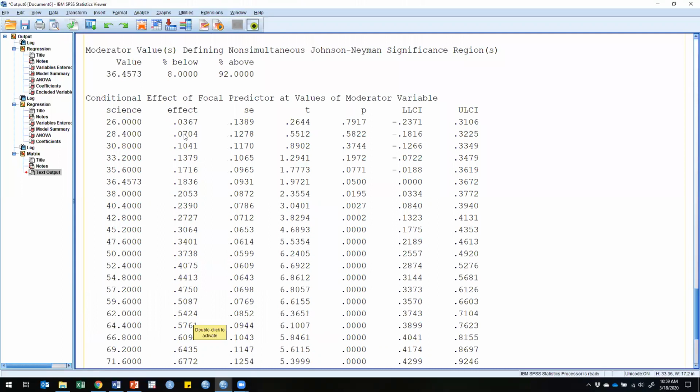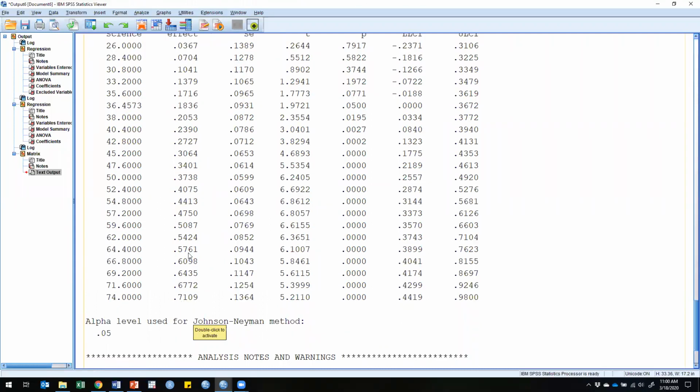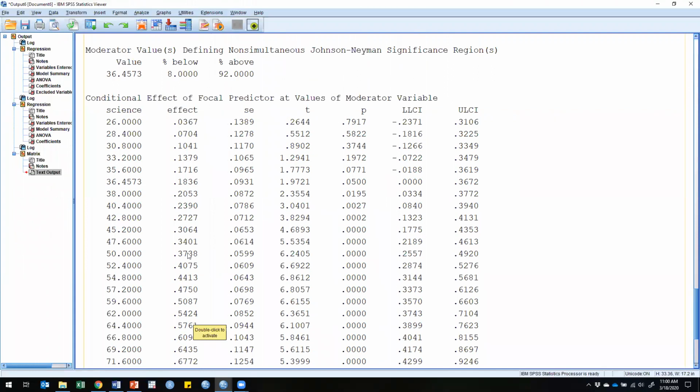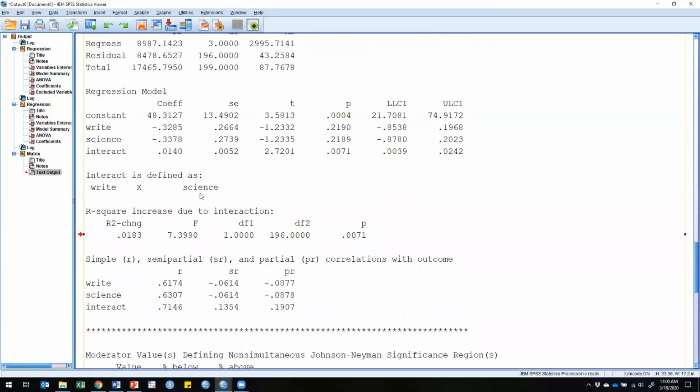What we're finding is that the conditional effect of writing on math achievement is statistically significant when science achievement scores are greater than about 36.5.